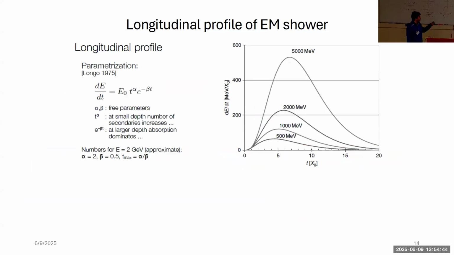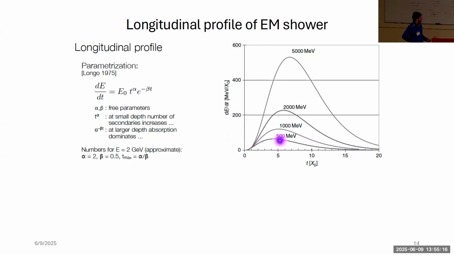And then what about how the energy is deposited as a function of distance? Here we have a parameterization that has some physics motivation and is also based on some fits to the data. The idea is this is the depth inside the calorimeter in units of radiation length, and this is the energy lost per unit radiation length.